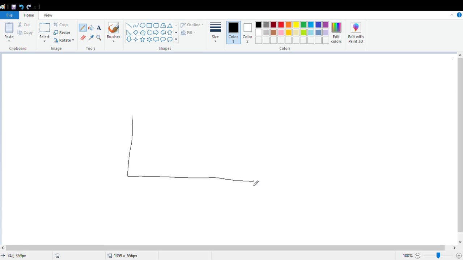So, let's say you have a rectangle that's 3 units tall and 5 units wide. You could just put little dashes and pretend there's squares in here and count them, but that would take a long time.